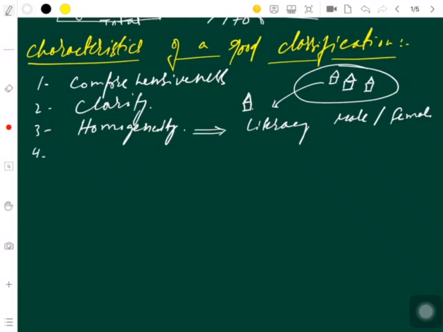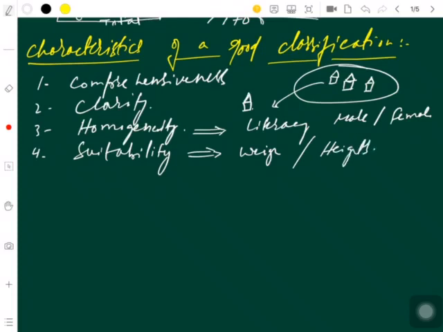Number fourth, suitability. Your data must be suitable enough to the field of your inquiry. It's not that I have been asked to inquire about the weight of students, and I go there with a measuring scale and I am measuring their heights. Okay, it is a quantitative classification, but what I have been asked is weight.